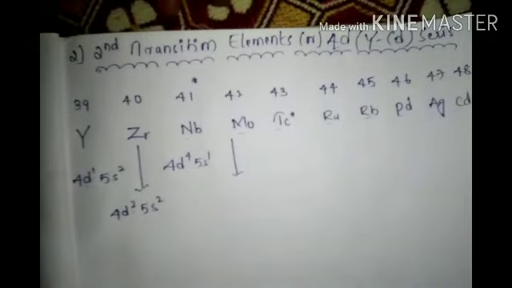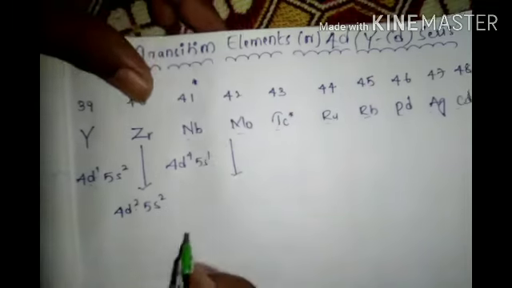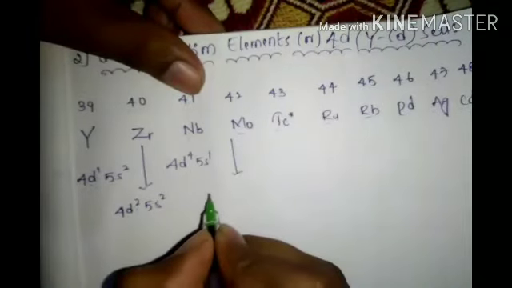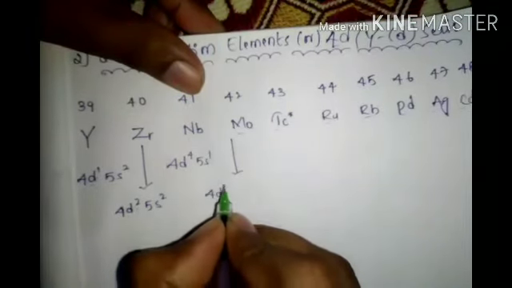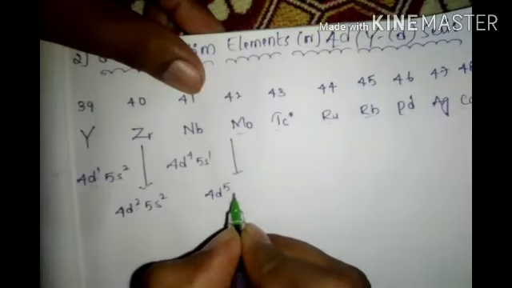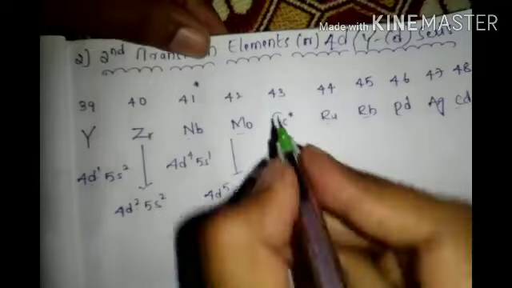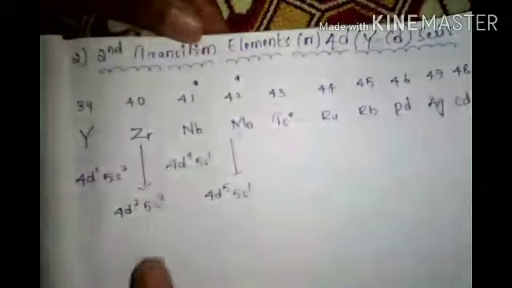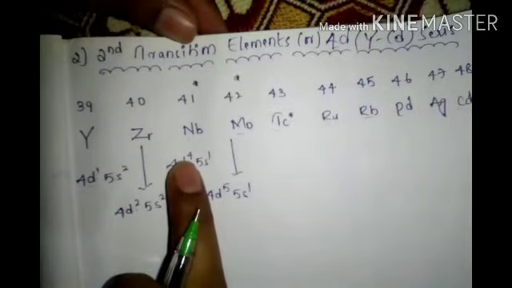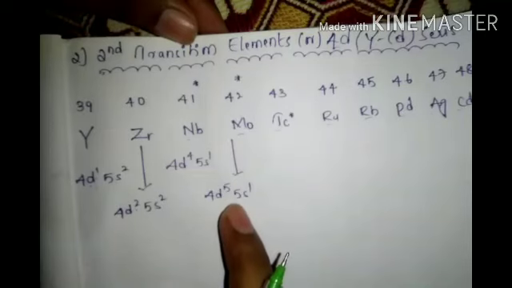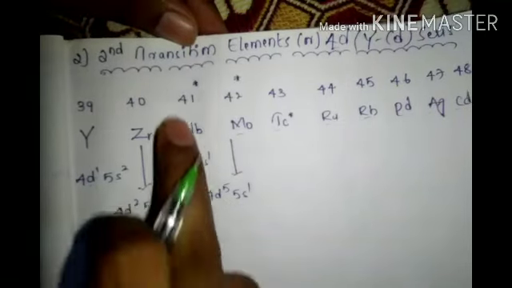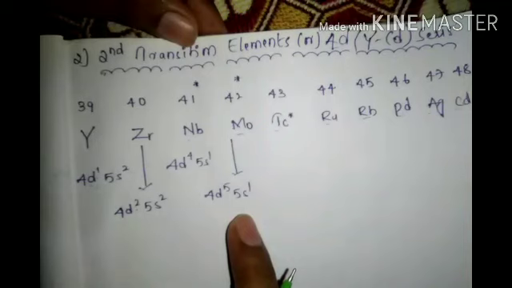Take 41 above, star symbol, because of irregular electronic configuration. Next, what should come? 4d5 5s1. This is also irregular only. Actually this should come as usual, but it is changed. So 41 and 42 are coming in an irregular manner.